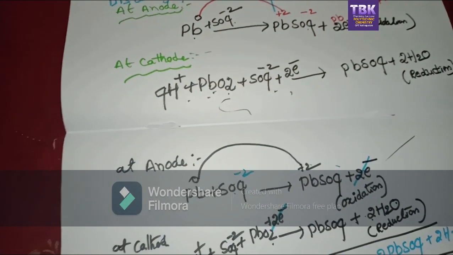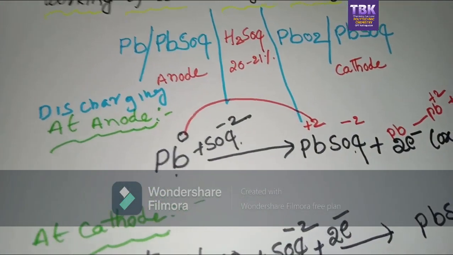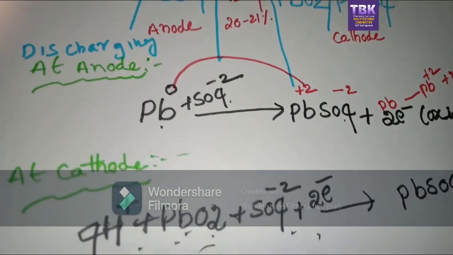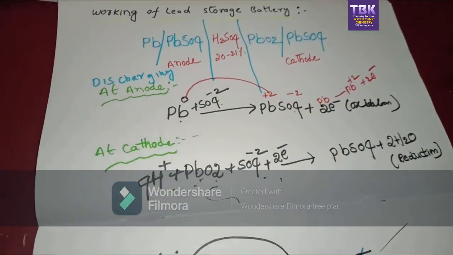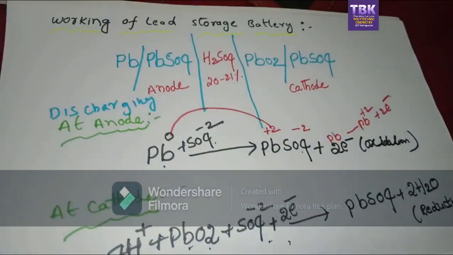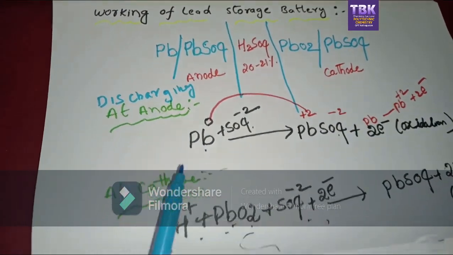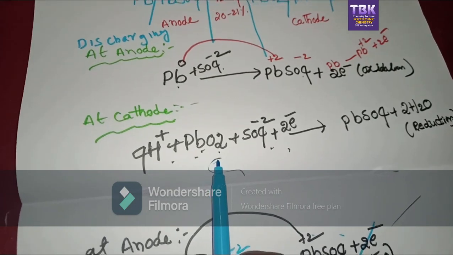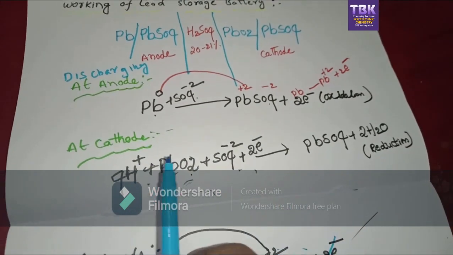In discharge reaction, Pb acts as anode, but in recharge reaction, Pb acts as a cathode. PbO2 acts as a anode. But reactions are reversed.